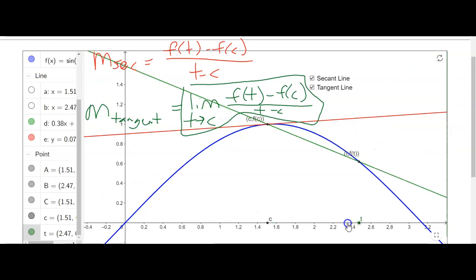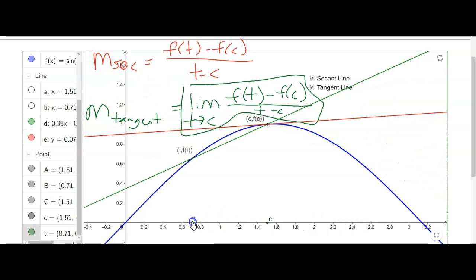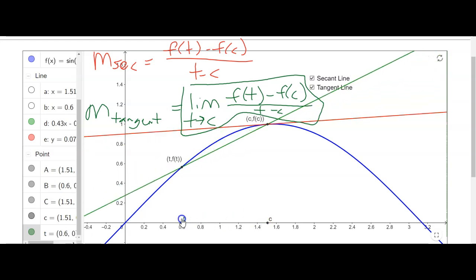So it has to work if we're approaching from the right, and it has to work if we're approaching from the left. So that's why we don't have a one-sided limit, even though in each individual case, it's going to come in from one side. But when we think about a general rule, the slope of the tangent line doesn't change regardless of what side you approach it from with your secant line.